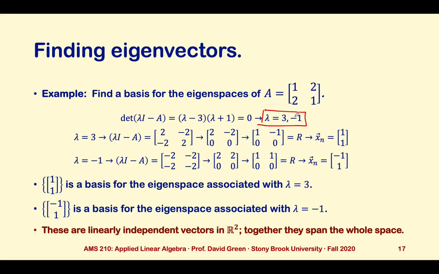To find bases, linearly independent eigenvectors for these eigenvalues, what do we do? We set lambda equals 3 and compute this matrix. Lambda I minus A: 3 minus 1 is 2, 0 minus 2 is -2, 0 minus 2 is -2, 3 minus 1 is 2. So this is our matrix that we start with.